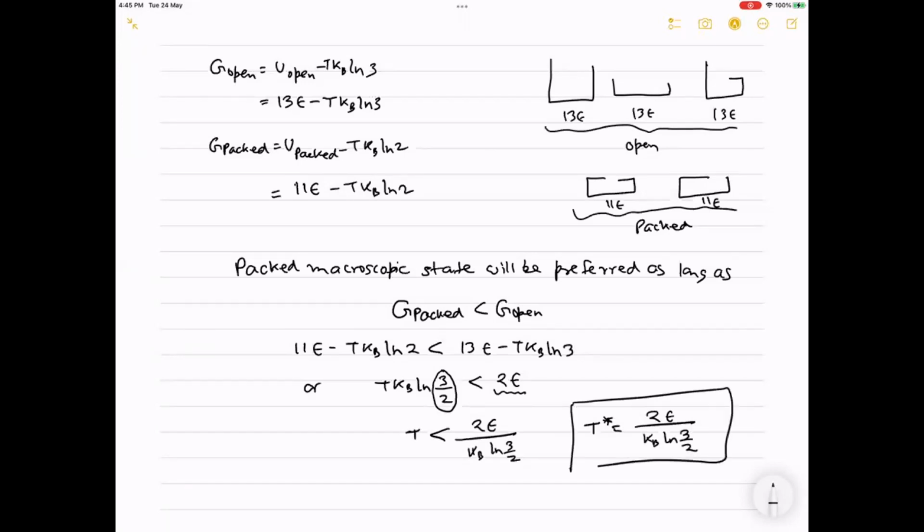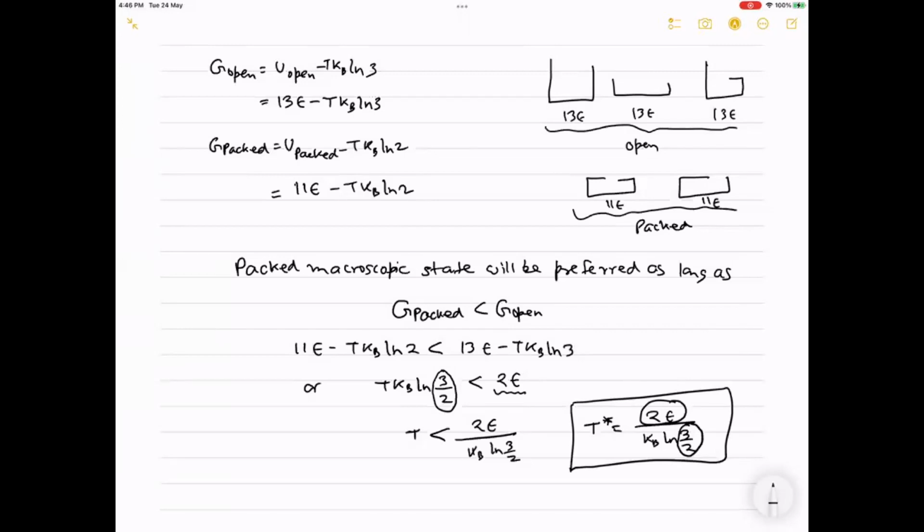And look at how this transition temperature depends on the properties of both the macroscopic states. This factor of 2 epsilon is coming because of the differences in the average energies of the two macroscopic states, and this factor 3 by 2 is coming because of the differences in the entropies of the two macroscopic states. Therefore this transition temperature is determined by the competition between the differences in the average energies as well as the differences in the entropies of the macroscopic states.